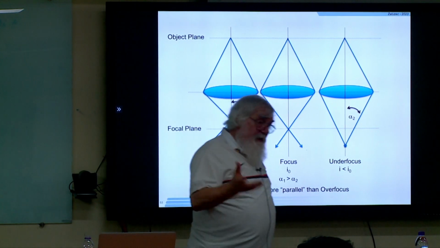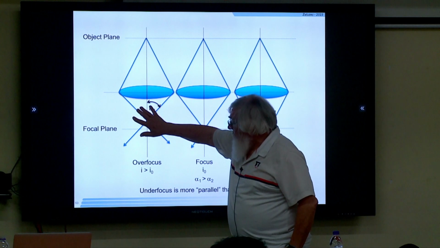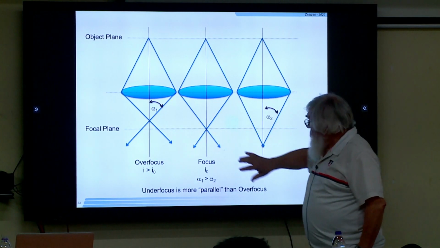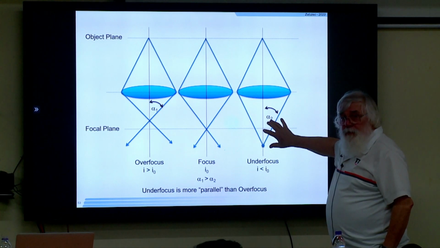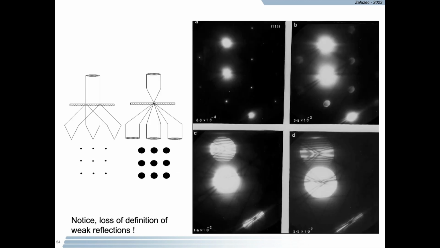Forgetting about the overfocus regime now, we're either going to have a focused probe or an underfocused probe. The more you underfocus the probe, the more parallel, the smaller that angle gets. So you can get near parallel illumination with a probe forming system, and the select area aperture isn't really needed.